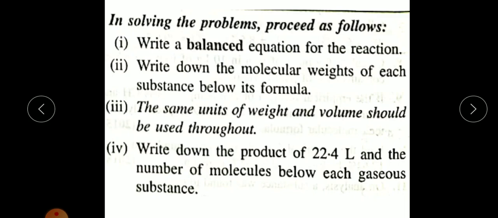After that, write down the product of 22.4 liters and the number of moles below each gaseous substance. So if we have a gaseous substance, you can write its volume as 22.4 liters for 1 mole, for 2 moles 2 into 22.4, like that.